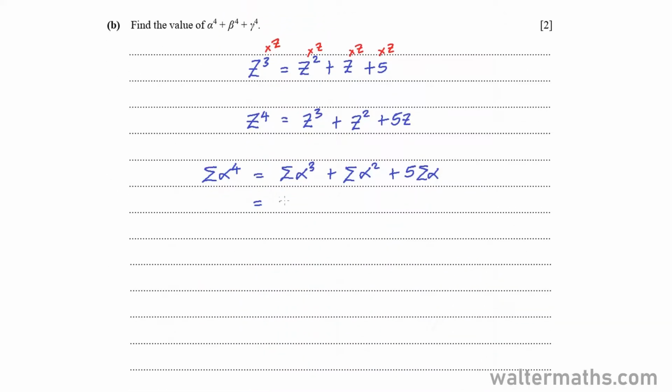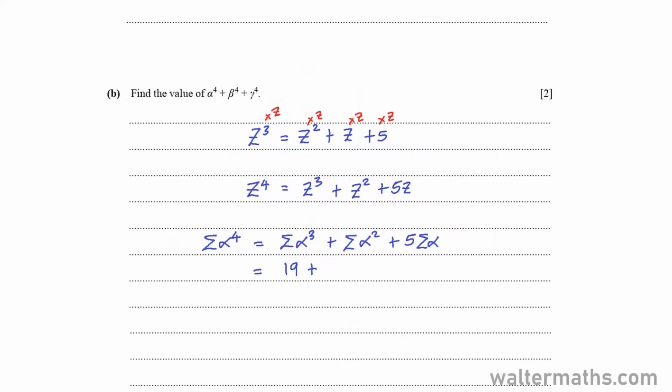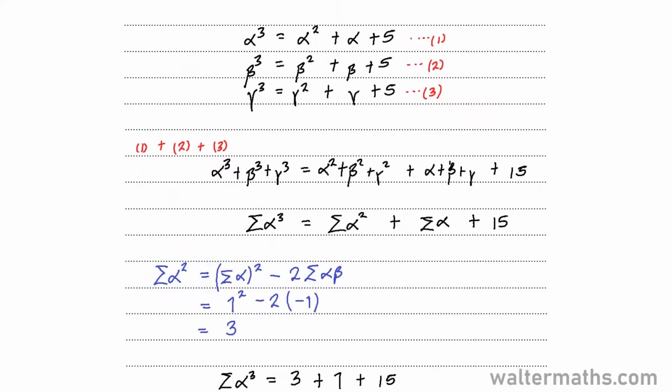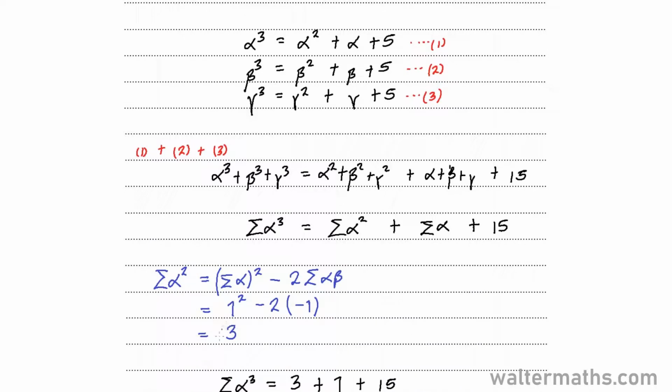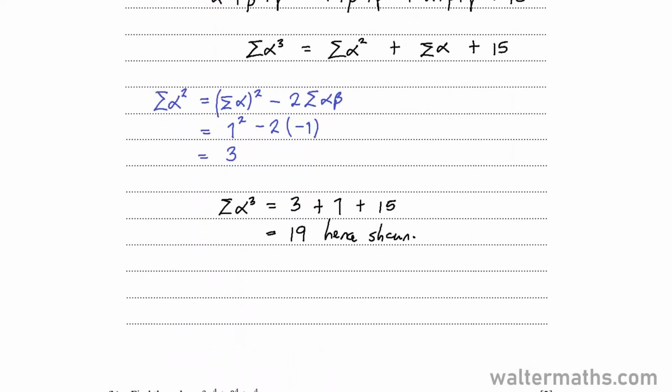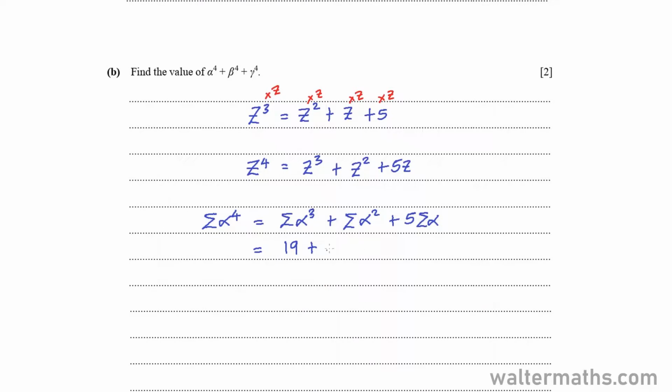So we can have 19 here, plus the sum of roots of the form alpha squared, which is alpha squared plus beta squared plus gamma squared. And we got that right above to be 3. So it's plus 3, and plus 5 of the sum of roots, which is 1. So here we'll have 19 plus 3 plus 5, which is 27. So that's what we get right here.